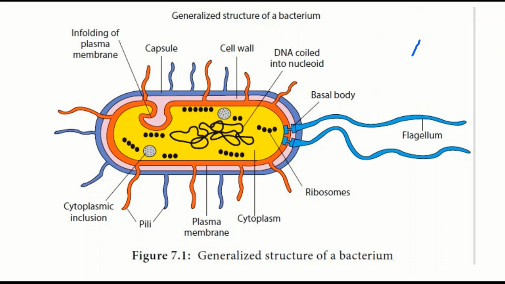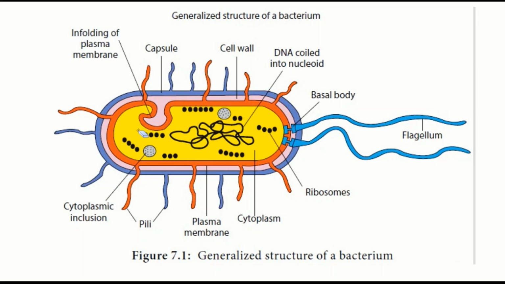Let's move on to other organelles. Here we have pili. Pili help in conjugation, or you can say reproduction. It is a proteinaceous structure. And this is cytoplasm.